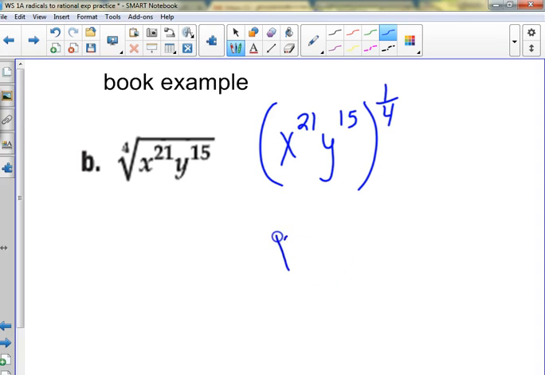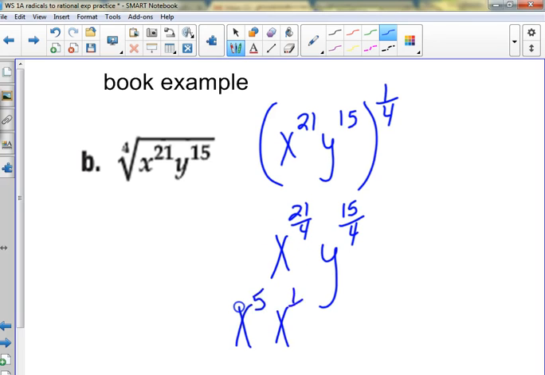Okay, so 21/4 and 15/4. How many of those are nice? This is 5 and 1/4, yes? And this is 3, which would be 12 and 3/4.